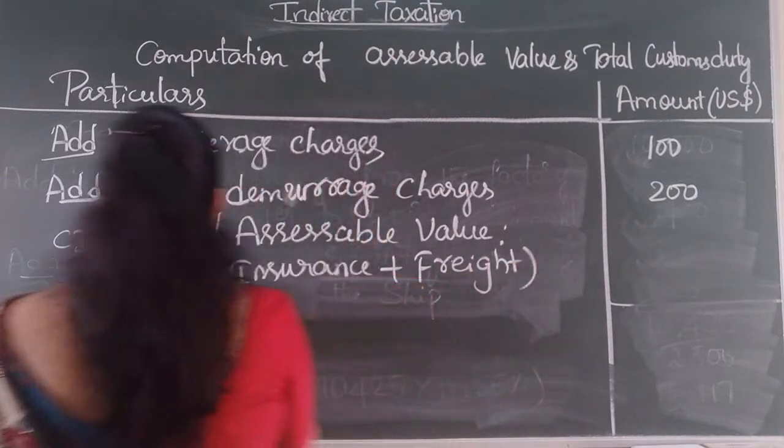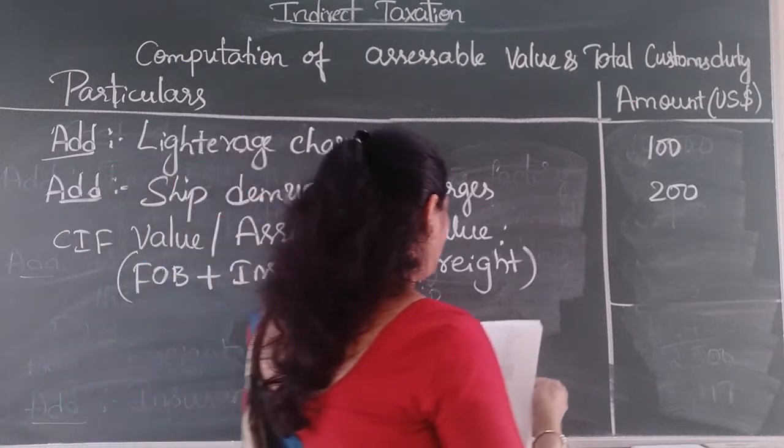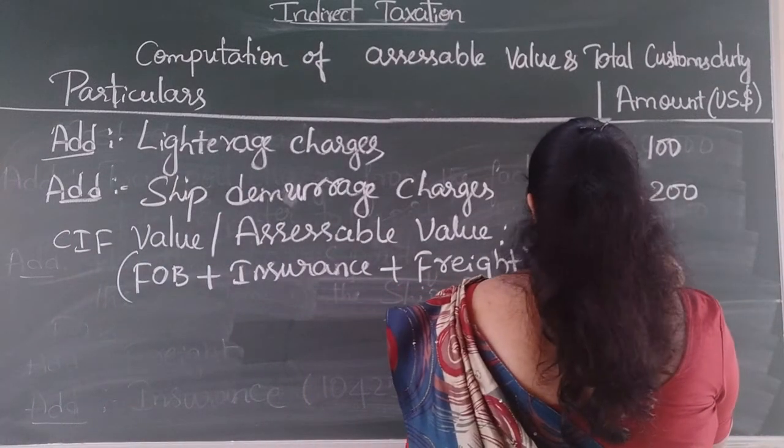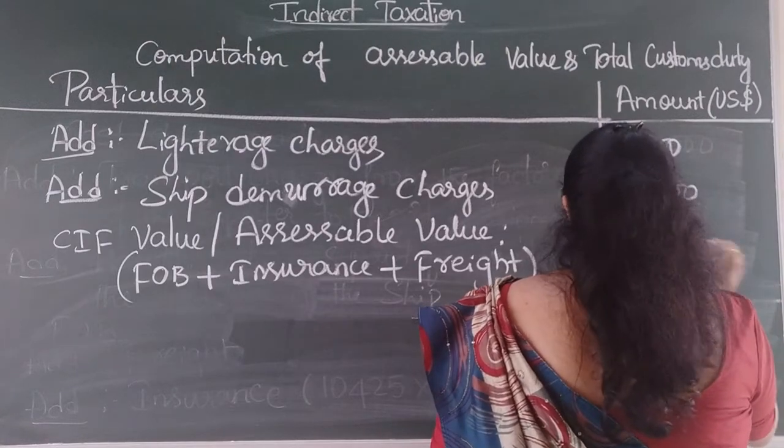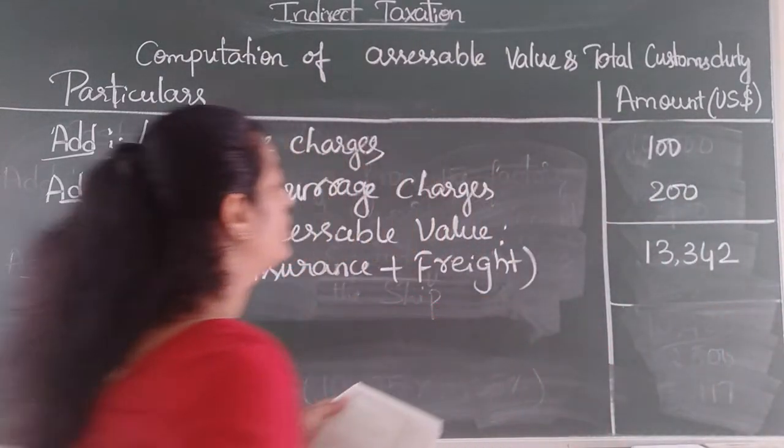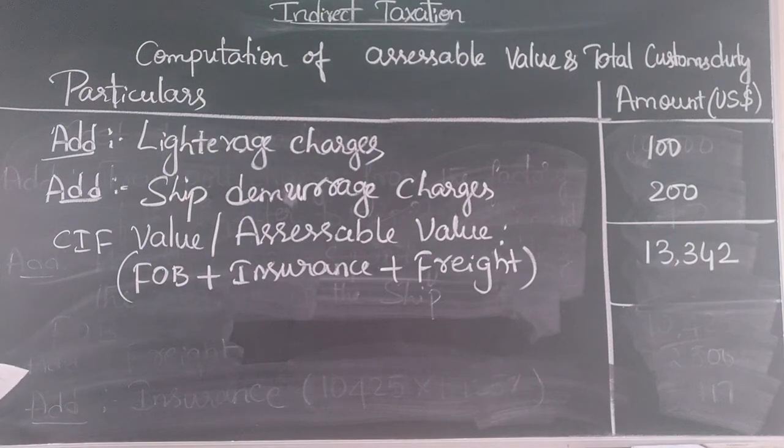So total of this gives you CIF value, that is cost of insurance and freight, $13,342.